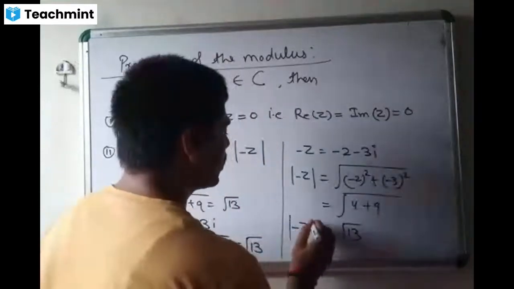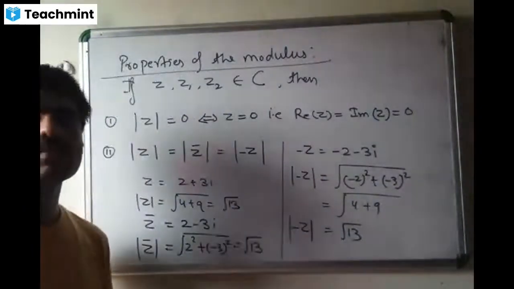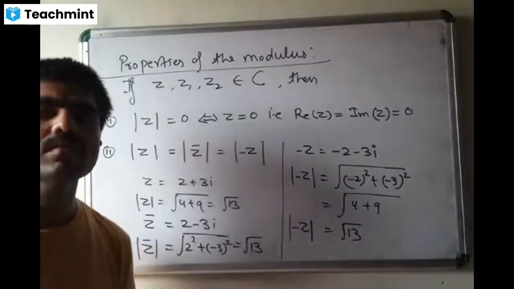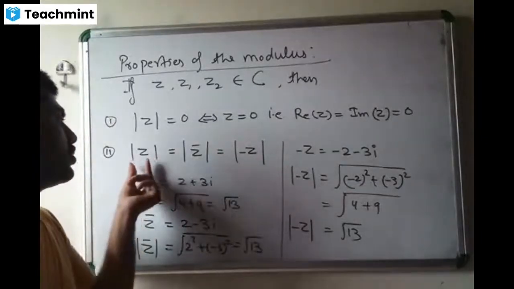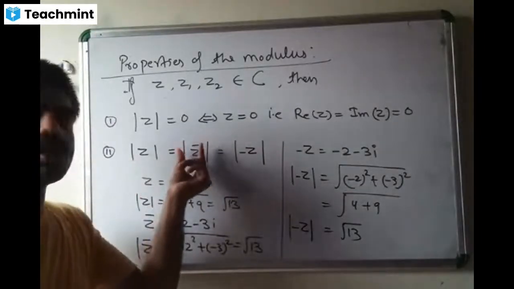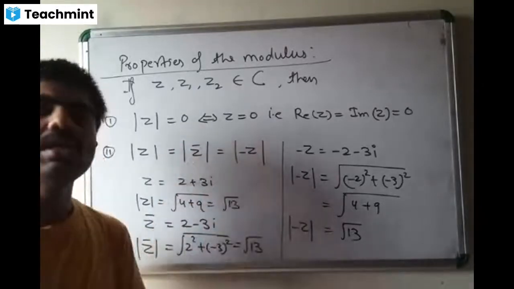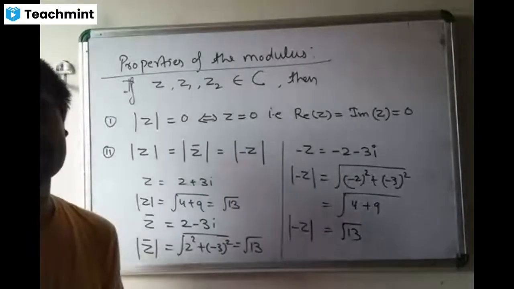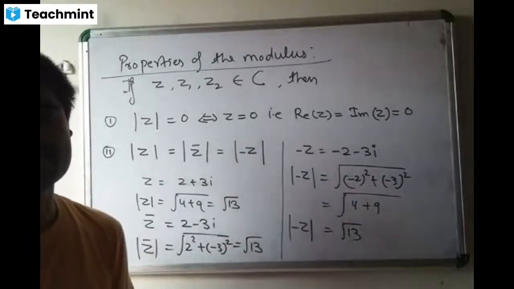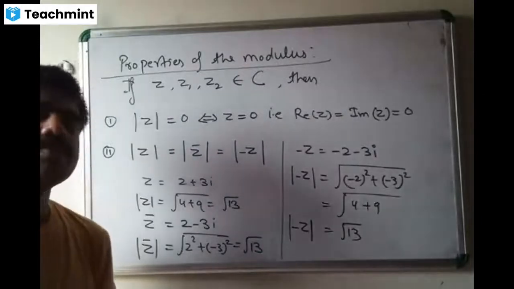Yes or no? Yes, sir. So the modulus of z is equal to the modulus of the conjugate, which is equal to the modulus of the negative complex number. All are equal. Yes or no? Yes, sir.